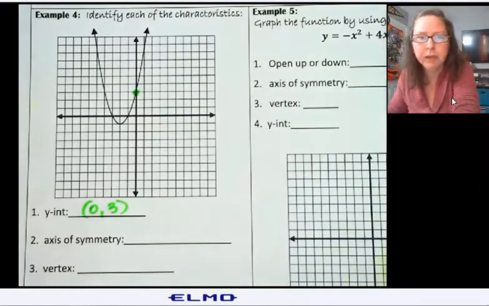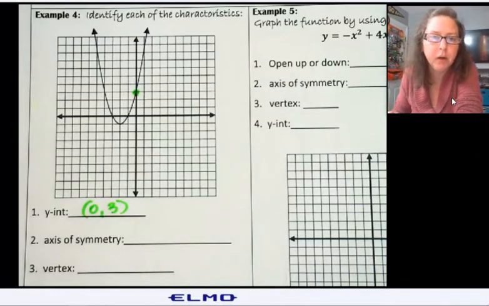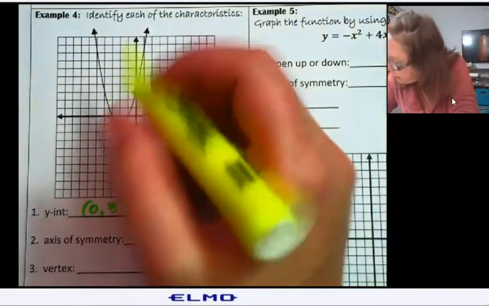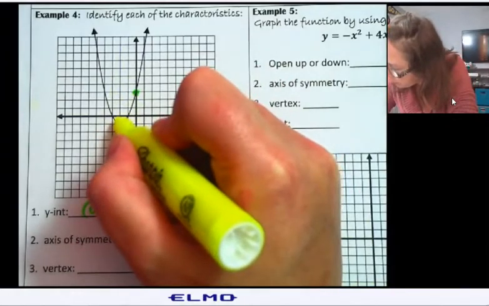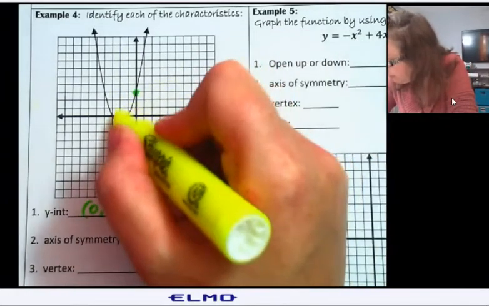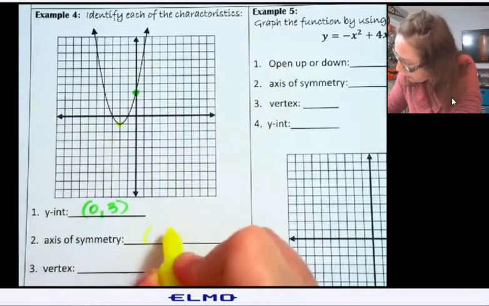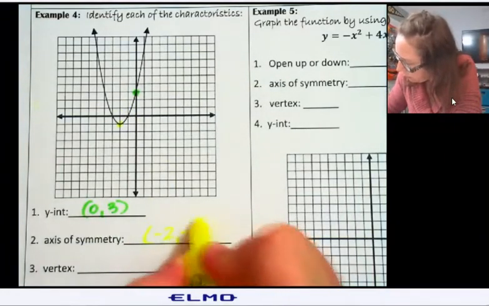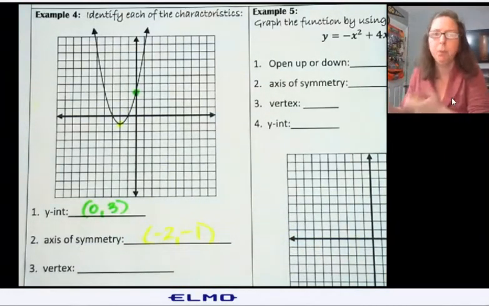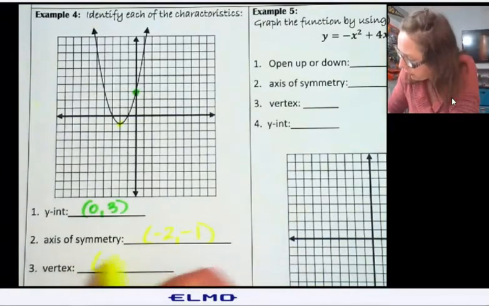My vertex. So I need to identify the vertex before I can find the axis of symmetry. The vertex is right here at -2, -1. Whoops, I put that in the wrong spot.